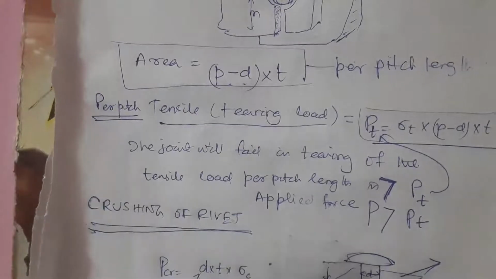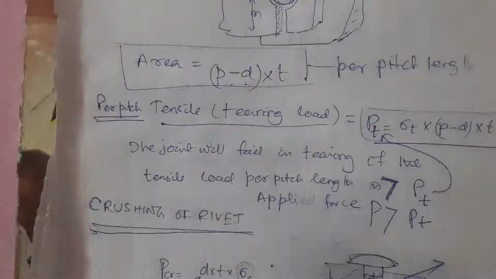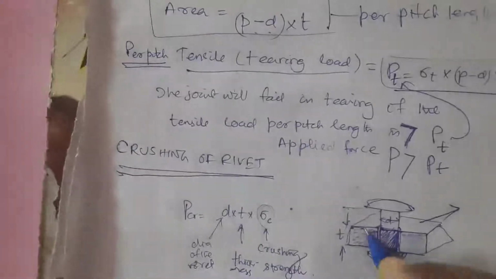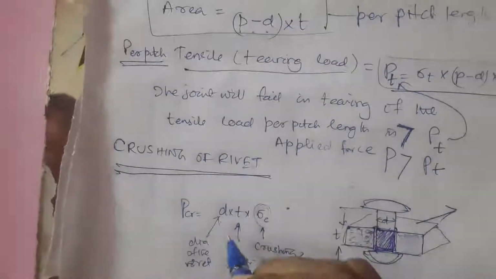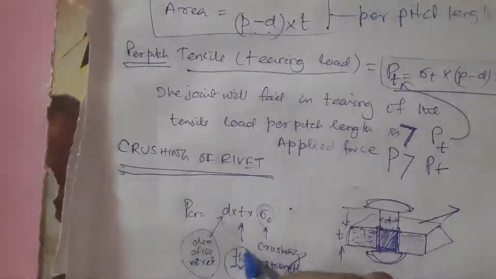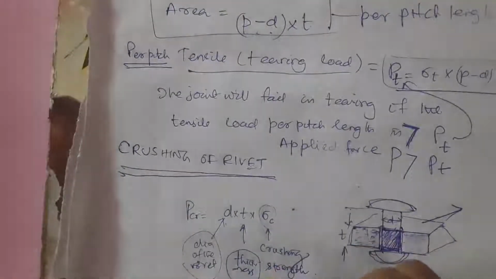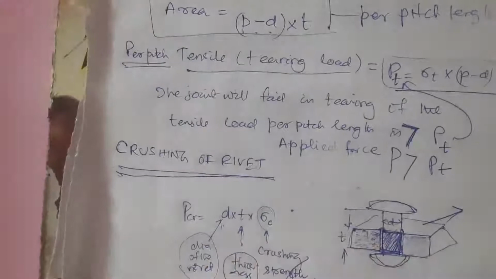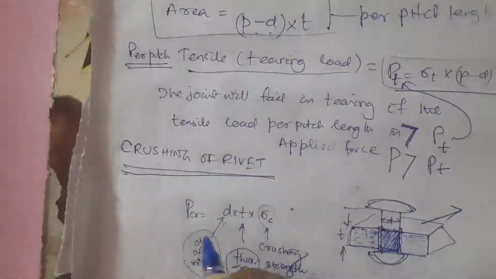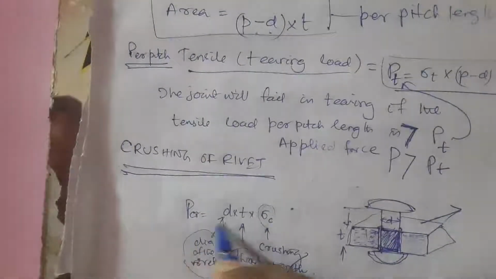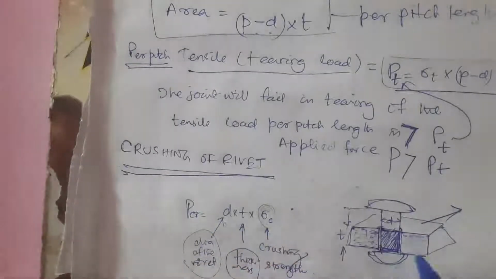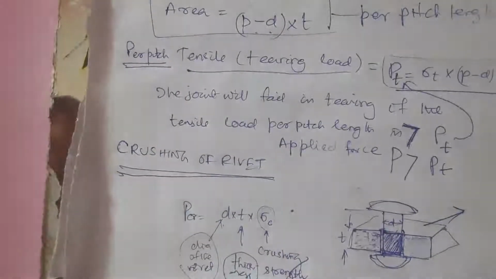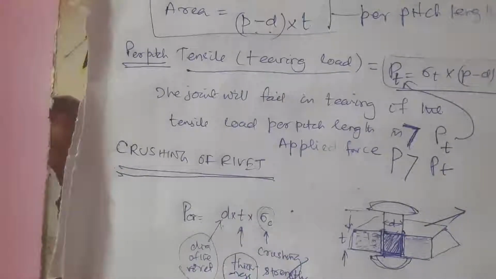Because of that, we have taken the compressive resistance sigma c, and this area will be thickness into the diameter. So this is the diameter of the rivet and this is the thickness of the plate, sigma c. If the load is greater than this per pitch length of the rivet, then it is going to give you the crushing failure.